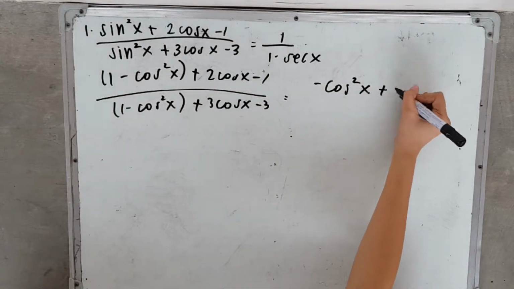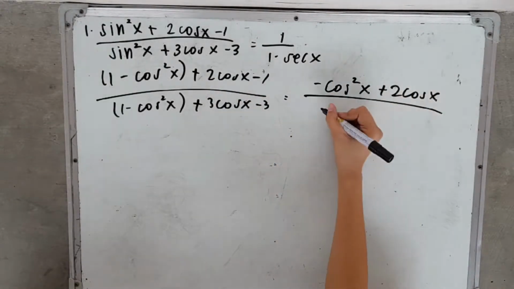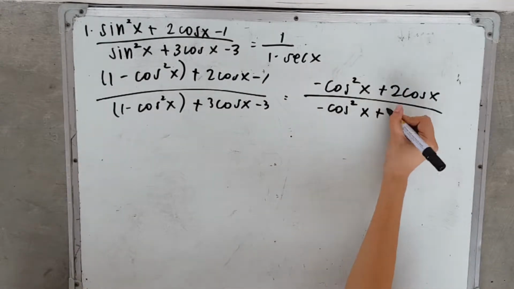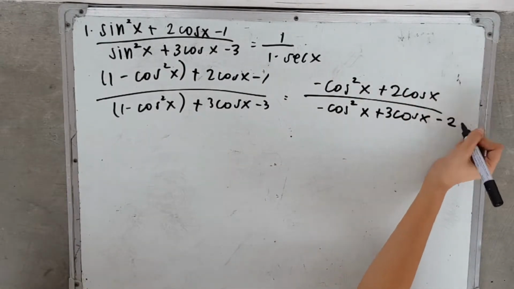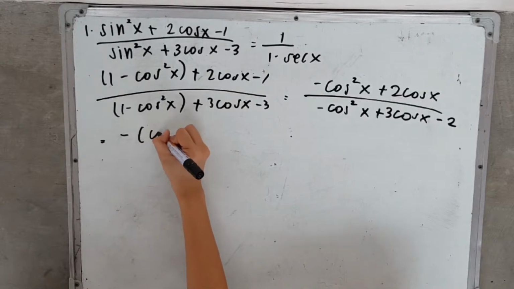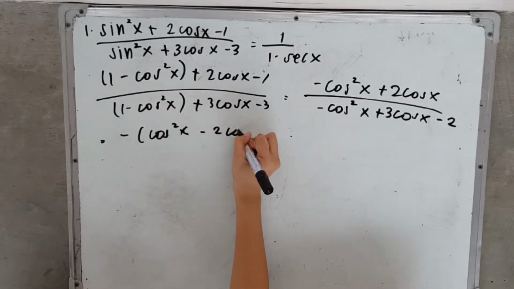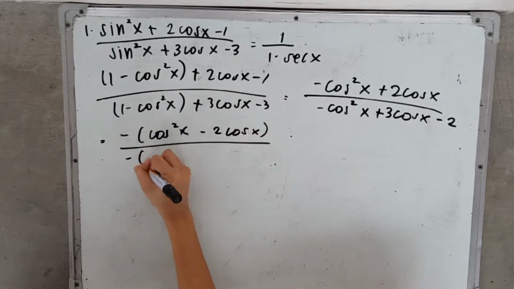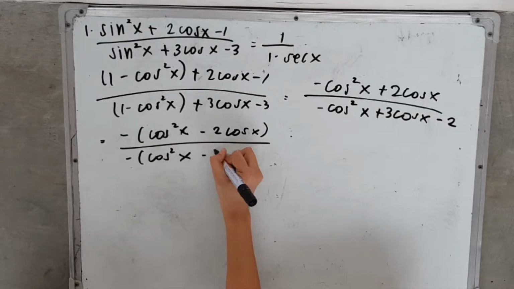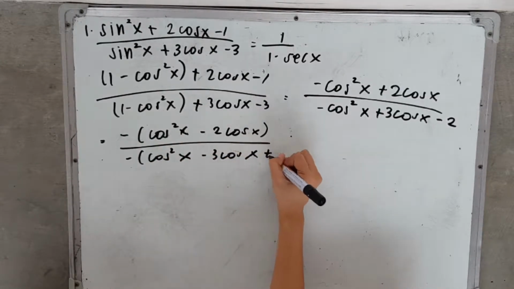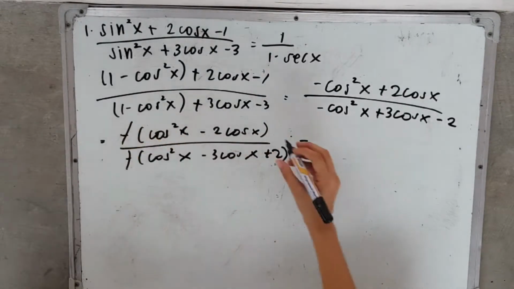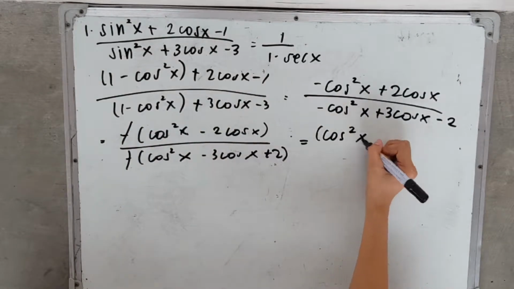We will combine like terms, so negative cosine squared x plus 2 cosine x will remain in the numerator, and negative cosine squared x plus 3 cosine x minus 2 as the denominator. We will extract the negative signs, since cosine squared x will change its sign; the whole equation will change its sign.